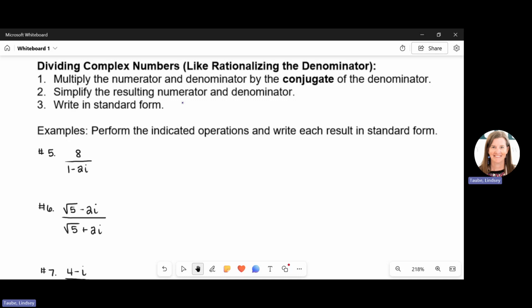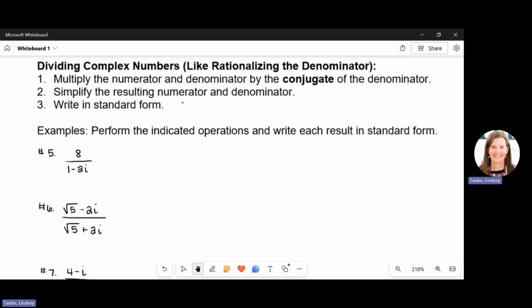That may mean that you're putting i in a numerator, or adding additional i's, or making the numerator more complicated than it was before, just like when we rationalized with the radicals, and that's okay. To do this, similar to how we rationalized with radicals, we need to multiply by the conjugate of the denominator.